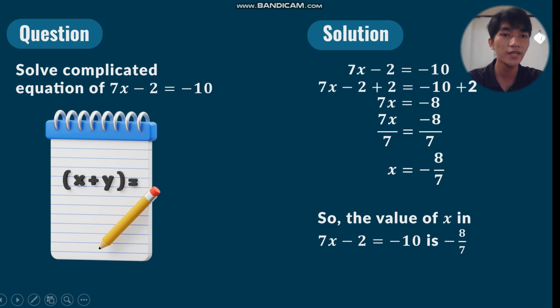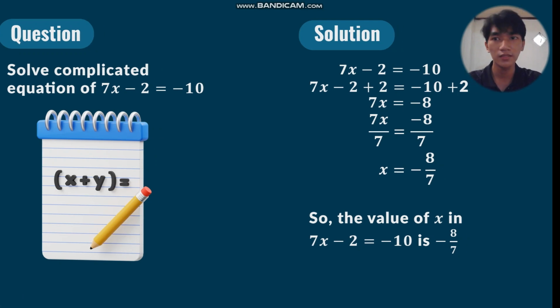So we have 7x equals minus 8. And we divide both sides by 7. So we have 7x divided by 7 equals minus 8 divided by 7. So the value of x in the equation 7x minus 2 equals minus 10 is minus 8 over 7.